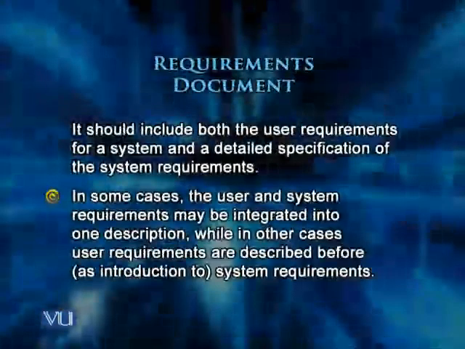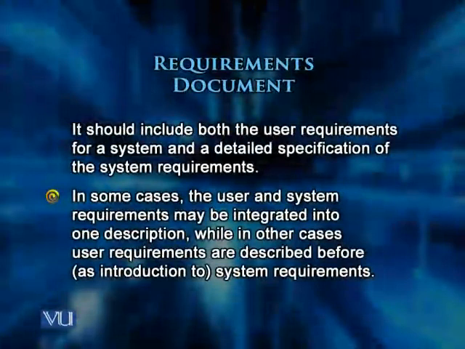In some cases, the user and the system requirements may be integrated into one description, that is, they are documented together, while in other cases user requirements are described before the system requirements, and user requirements are stated or recorded as an introduction of system requirements. System requirements are much more detailed and technical as compared to the user requirements. But that's just another way of classifying software requirements.